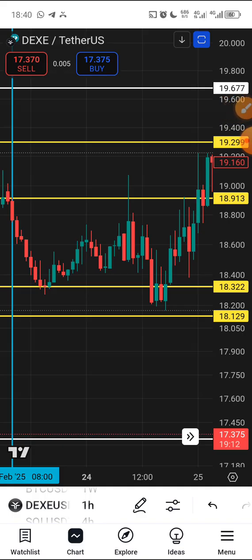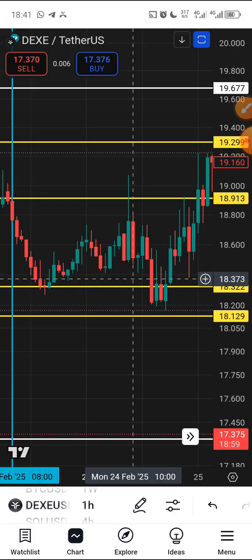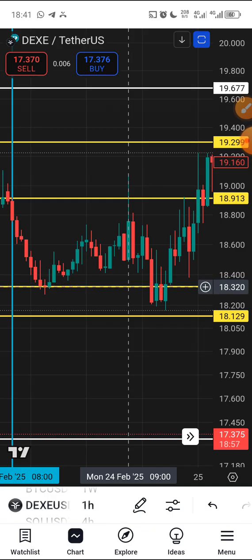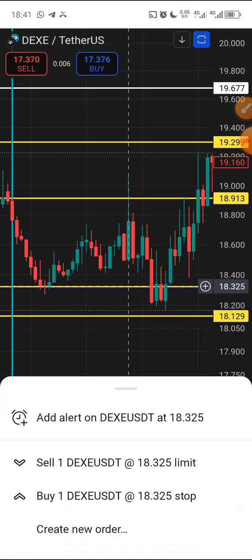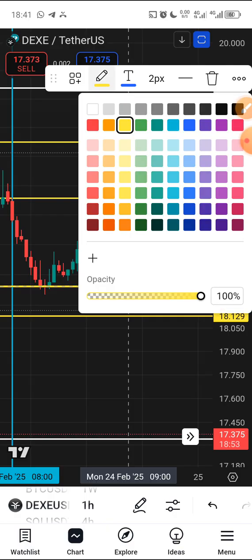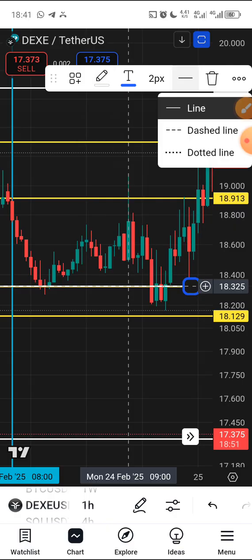So from your point of entry, which was this one, we are going to draw a white dotted line, just for learning purpose.